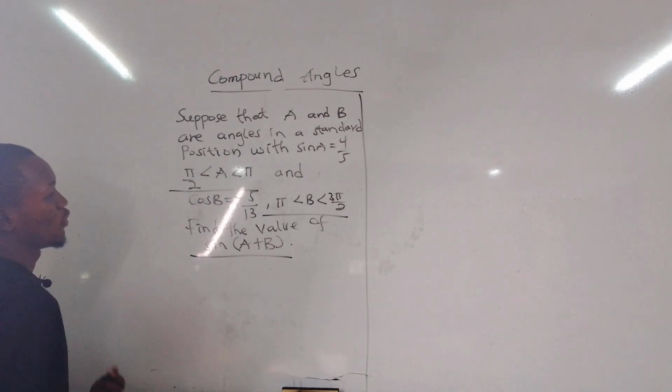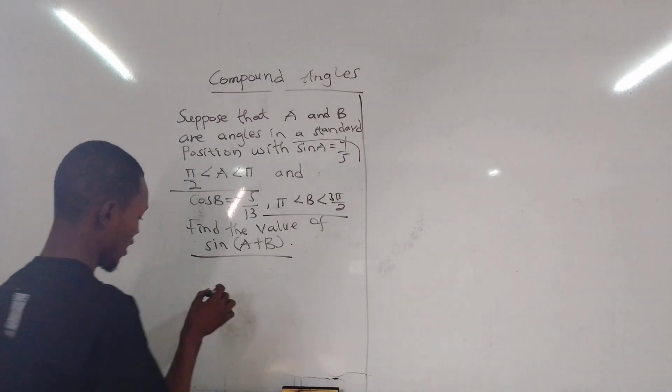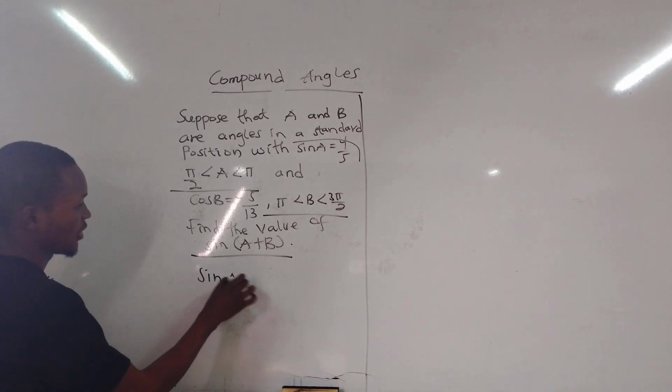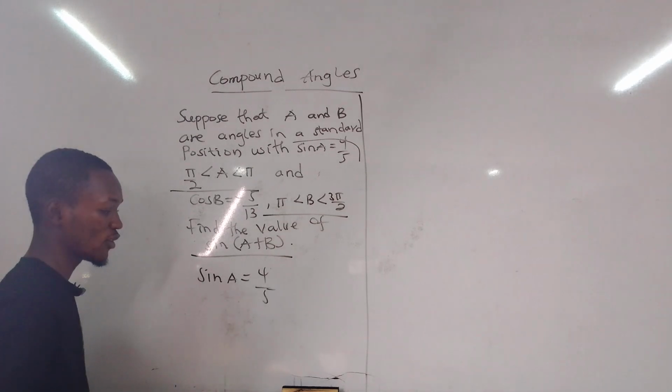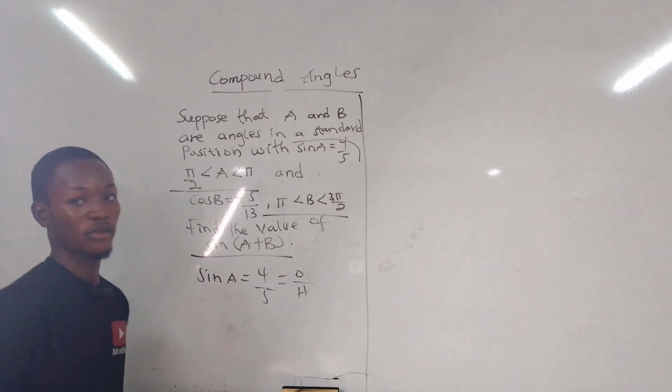Good. Now, let's look at the first part of the question. Sine A is given as 4 on 5, and we know sine is opposite on hypotenuse.